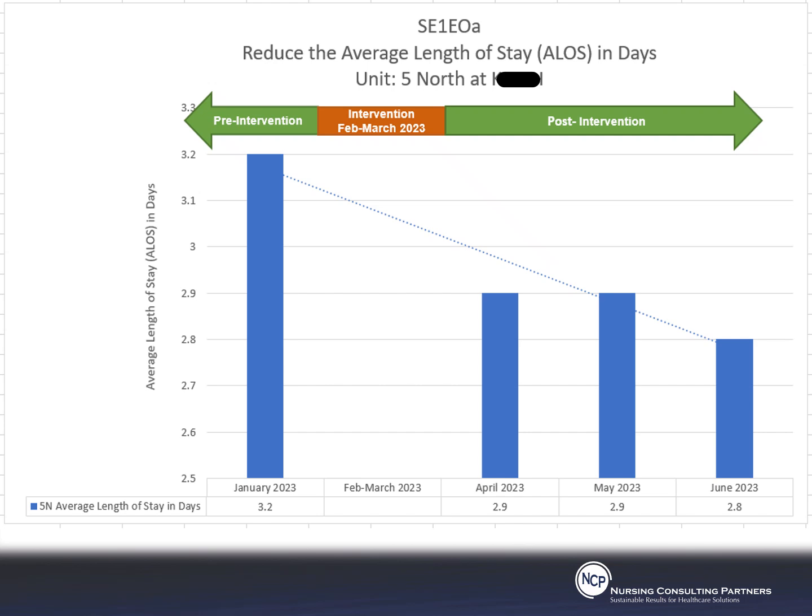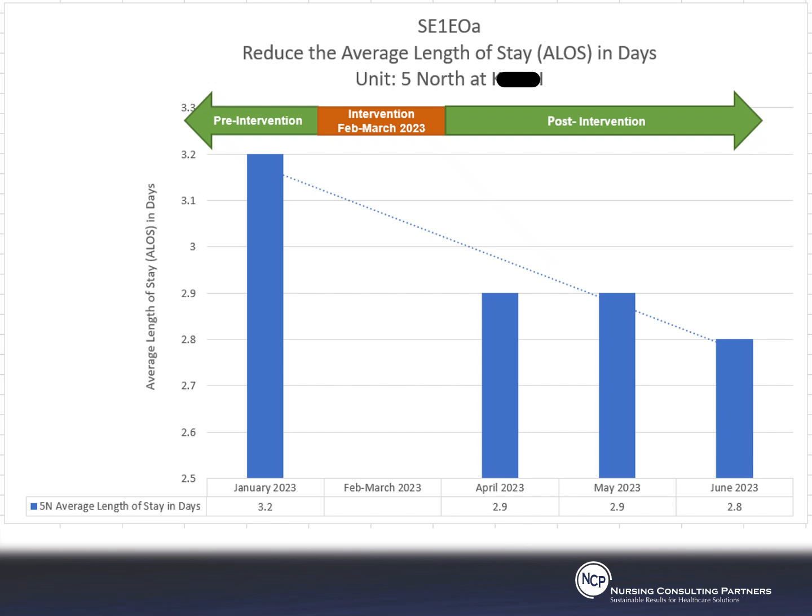And then you see a progressive decrease in the average length of stay. Note, in the intervention period, there is no data. We actually prefer that. That's a recommendation in our consulting group. You can put data in there, but it's not required.